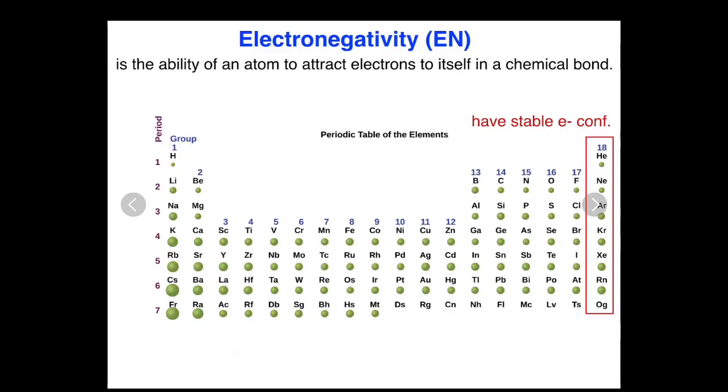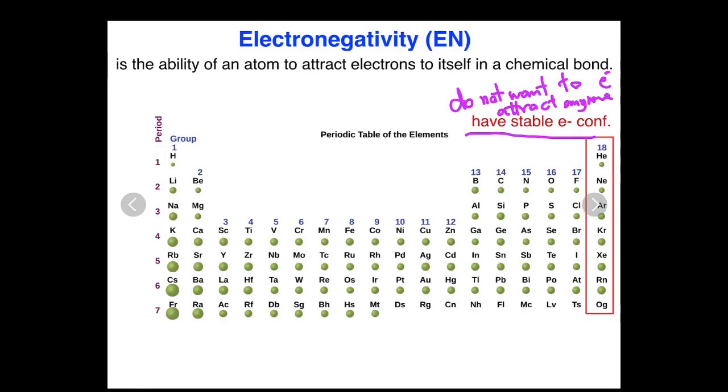The reason is that the noble gases already have a stable electron configuration, so they do not want to attract or accept any more electrons.